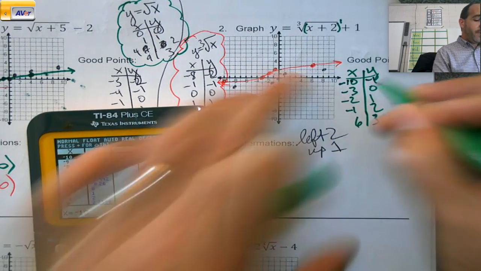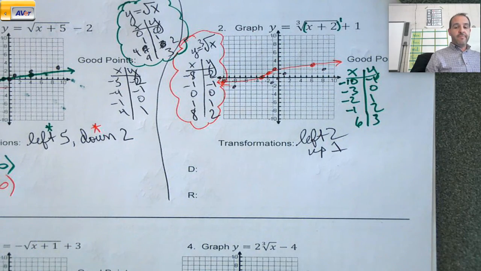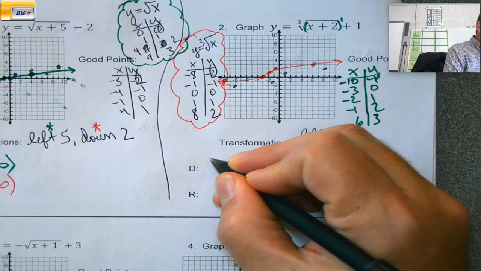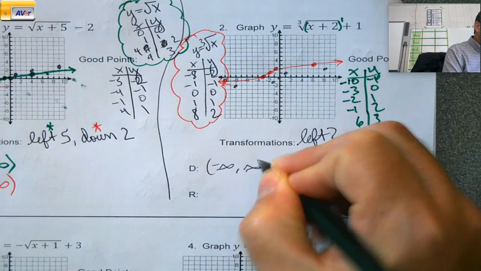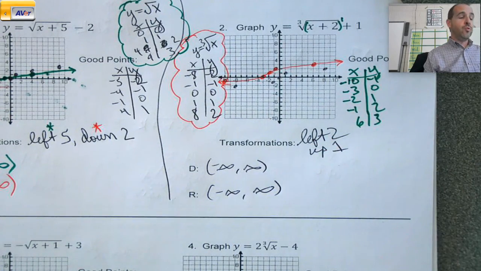Okay, -1. I just like giving you options. But even with all of our options, and that we shifted this left 2 and up 1, doesn't matter. Domain and range still are always infinite on cubed roots. Just something to keep in mind.